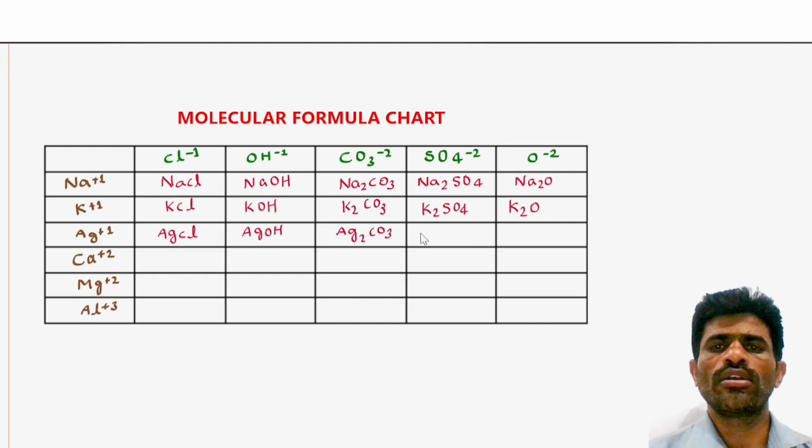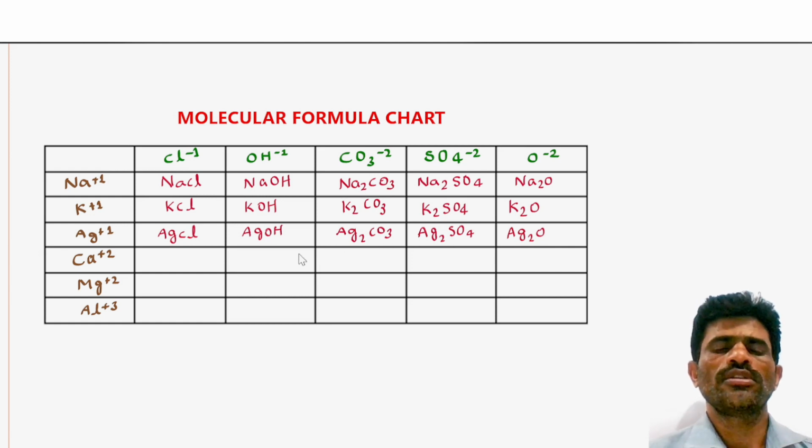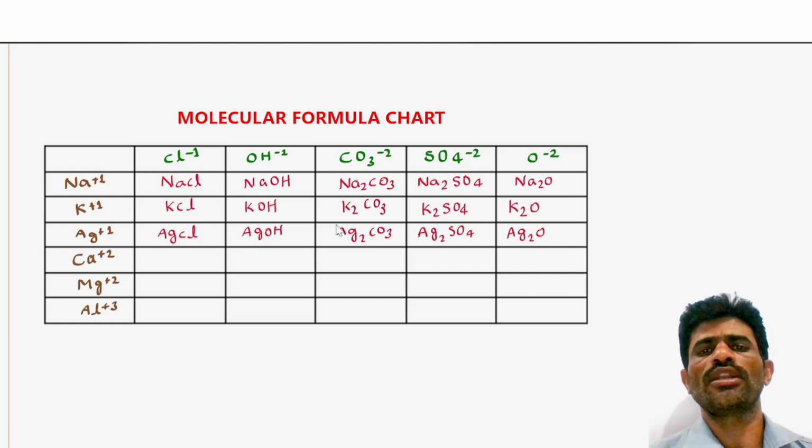Next one, Ag2SO4, same like before, because sulfate valency is 2, that should be multiplied to silver. Oxygen valency is 2, so this also should be multiplied to silver, Ag2O, silver oxide. Silver sulfate, silver carbonate, silver hydroxide, silver chloride, silver is over.